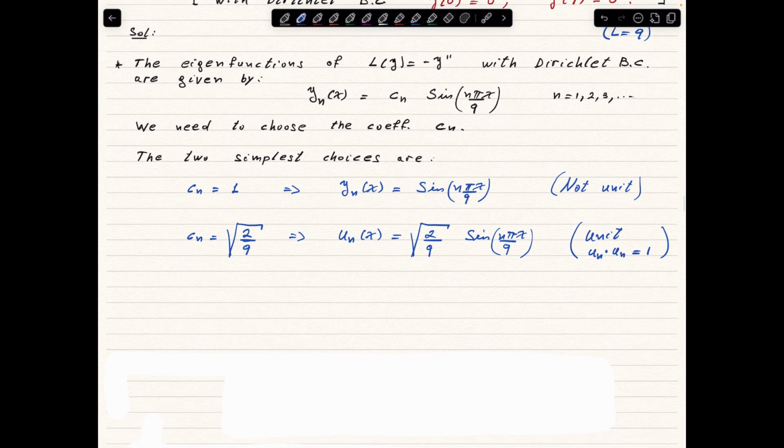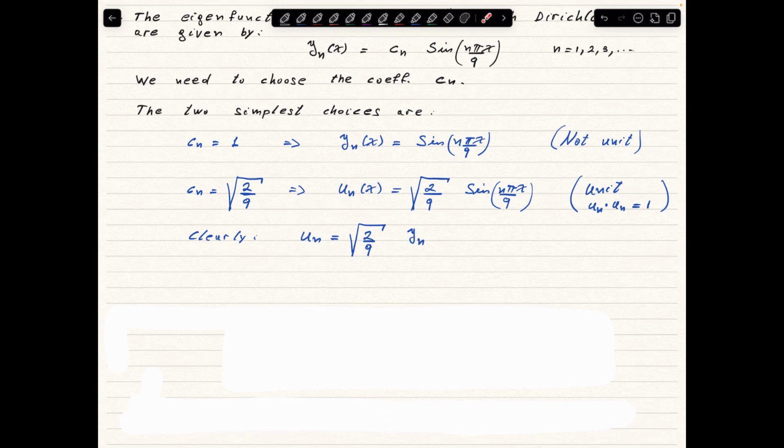And obviously they are proportional to each other, so clearly, un is just square root of 2 over 9 times yn. So whatever we do with yn, there are similar results for un.